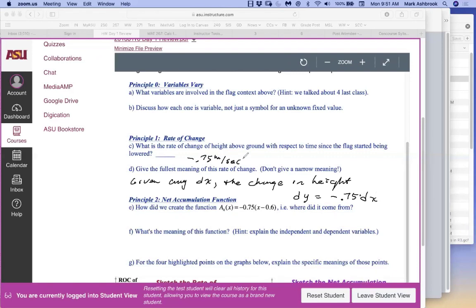And this should make sense. How far does it go down in 10 seconds? In 10 seconds, you would multiply this by 10 to get how far the flag went down.